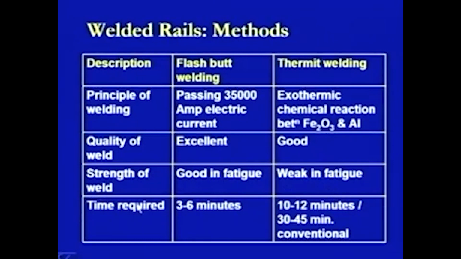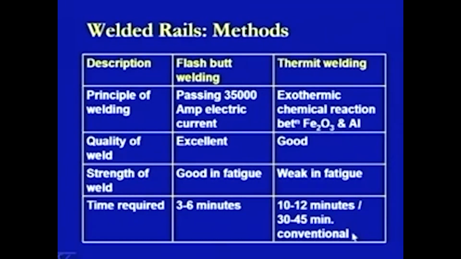Then there is the total time required for doing a welding at any location. In the case of the flush butt welding method, it takes 3 to 6 minutes per welding process, whereas in the case of thermite welding, there are two time periods depending on the type of method being used.